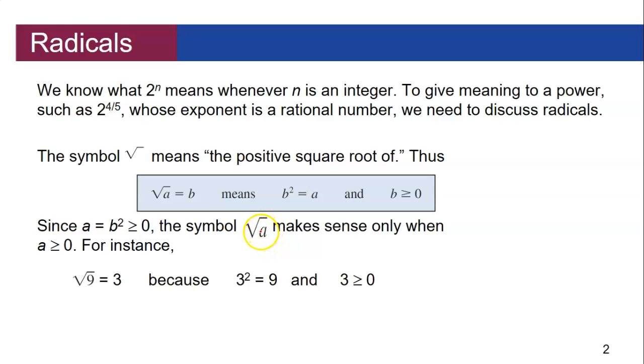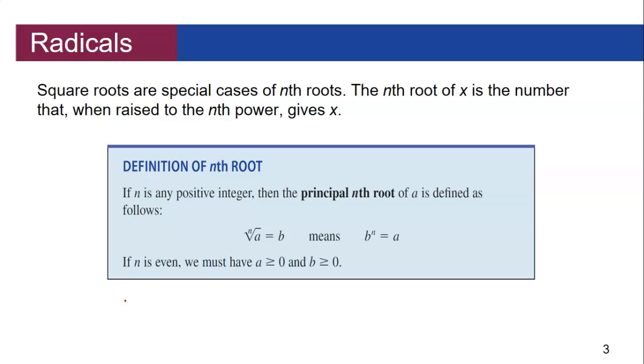We're not able to take the square root of a negative number. To demonstrate with some numbers, the square root of 9 we know is 3, because 3 times 3 is 9, and we also know that it's going to have to be greater than 0 to be able to take that square root. So that's just some background information.